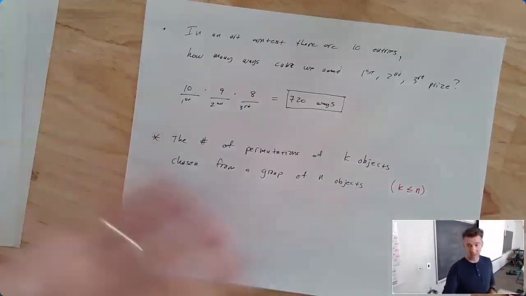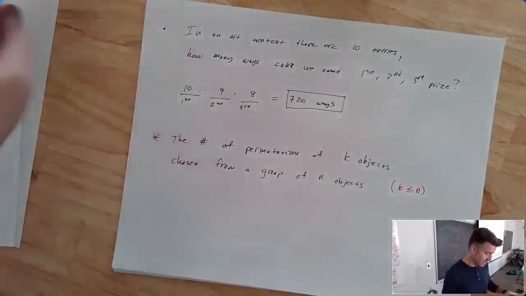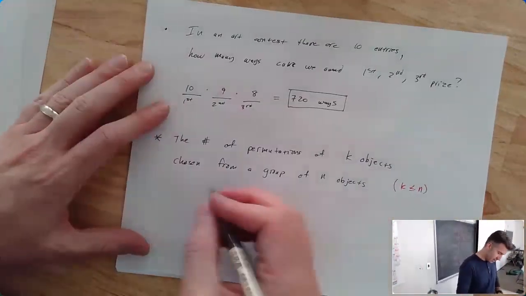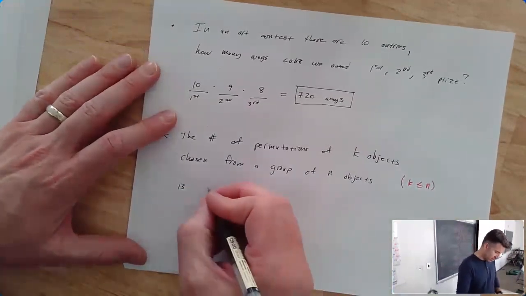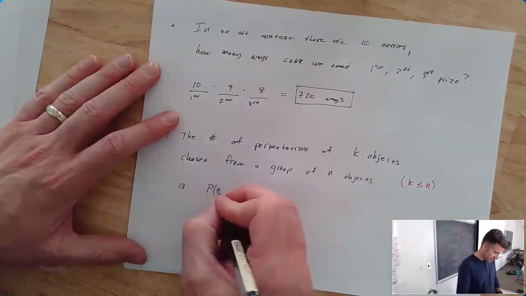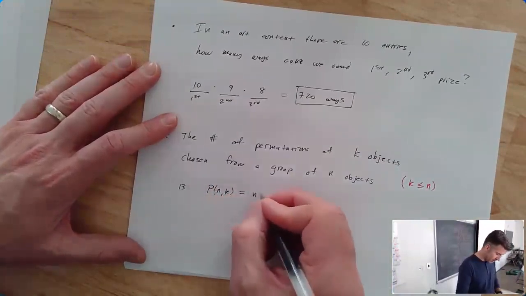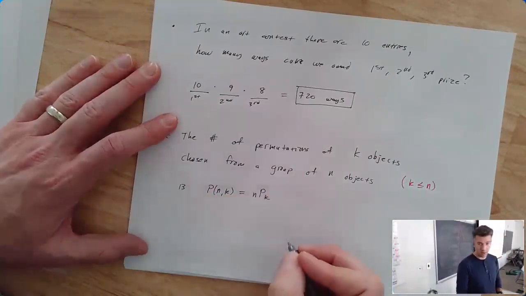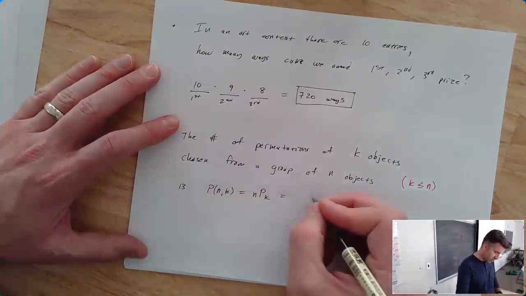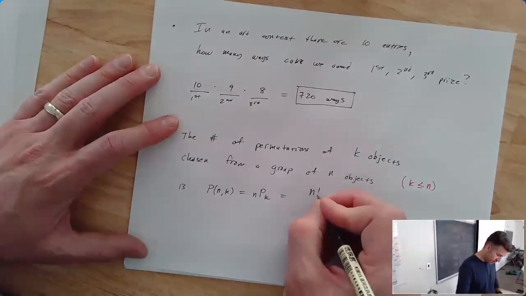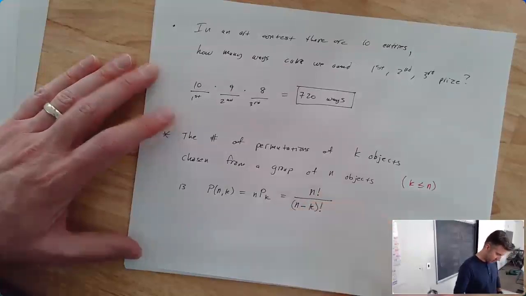If you're choosing k things out of n things, k should be at most as many as n. And there's a couple of different ways of writing this. Some books write it as P of n, k. Some calculators write it as nPk, or they might be using a C instead of a k. It is equal to n factorial divided by n minus k factorial.